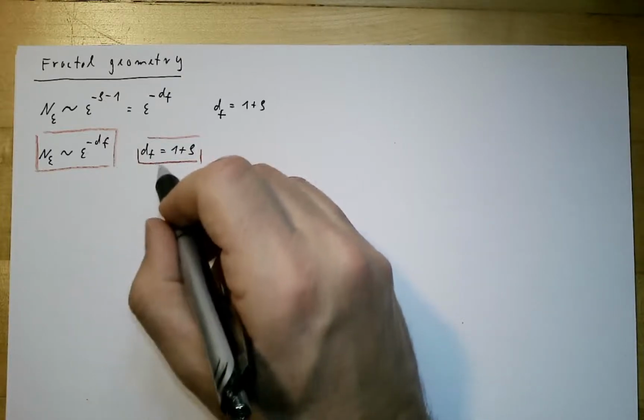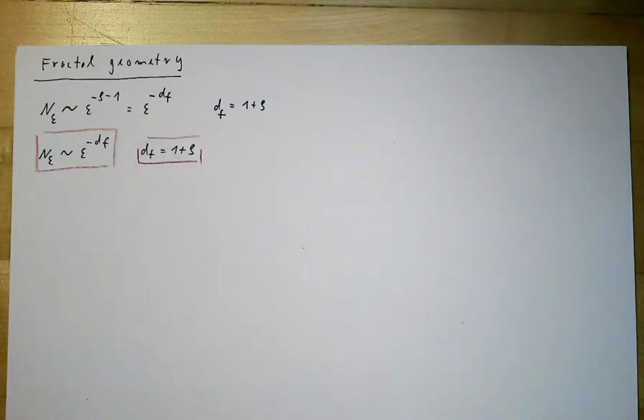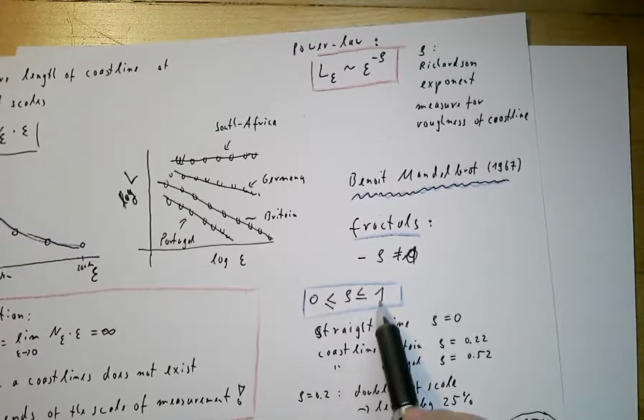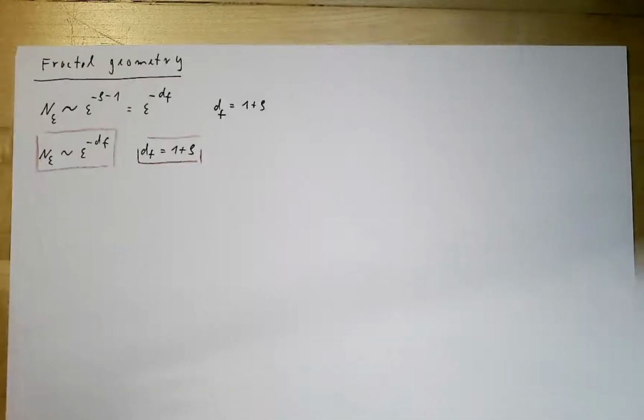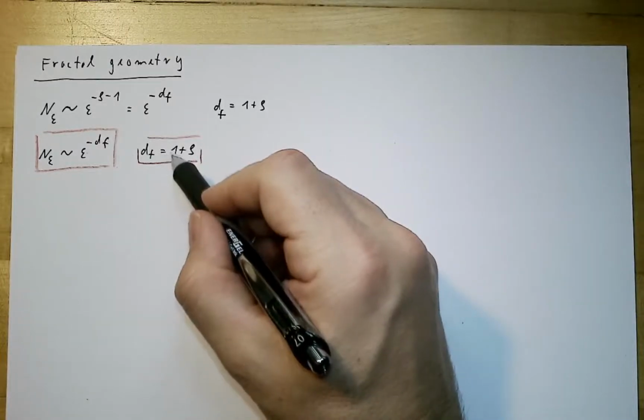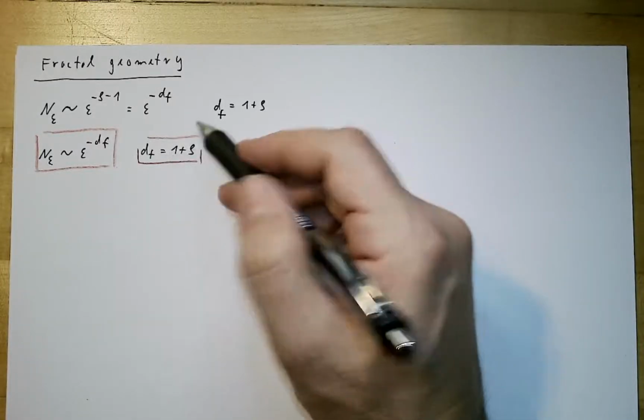And now we have seen that the Richardson exponent was in the range between 0 and 1. So this means the fractal dimension of a line is 1 plus something.